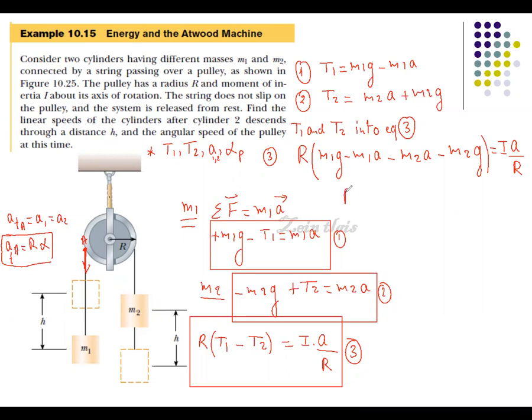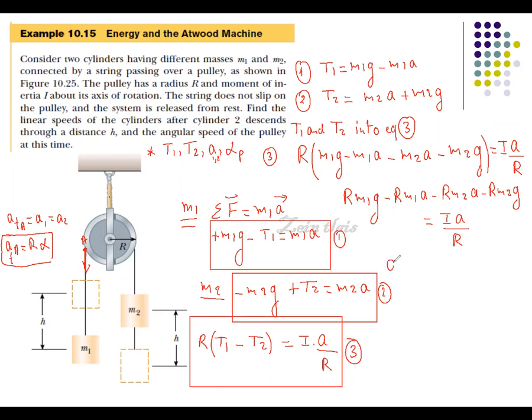Here we have R M1G minus R M1A minus R M2A minus R M2G equals IA divided by R. So we take A common.